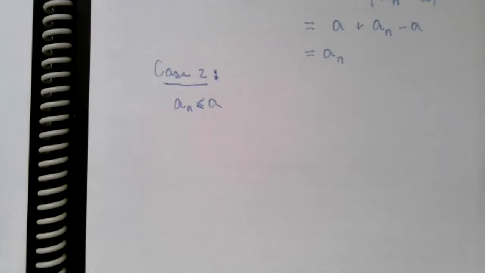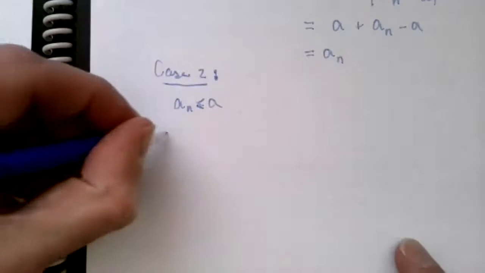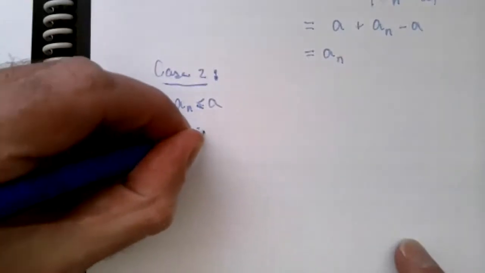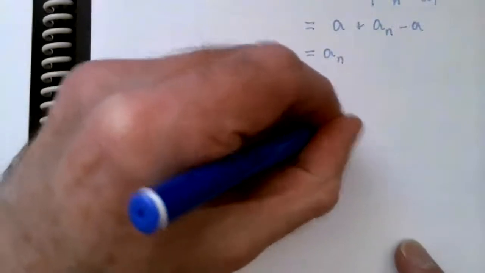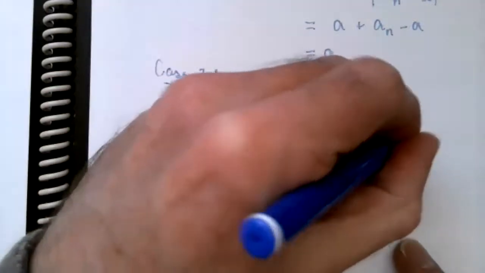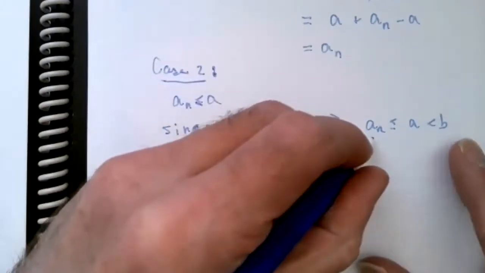What's the relationship between a and little b? Little a is less than little b. So since a is less than b, this implies a_n is less than or equal to a, which is less than b, and we've got the inequality.